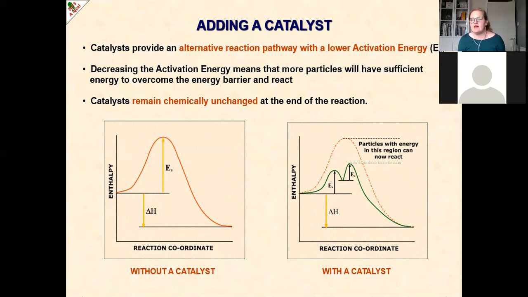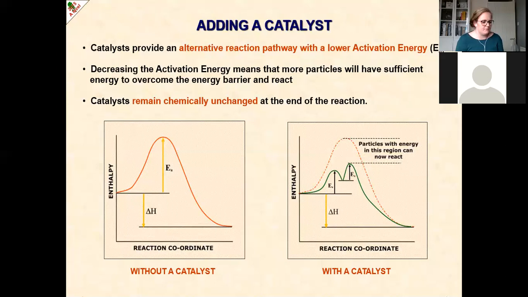At GCSE, we regularly just say catalysts lower activation energies, or they speed up rates of reactions. And so what we're going to do is actually talk about how they work. What catalysts do is provide an alternative reaction pathway that has a lower activation energy.